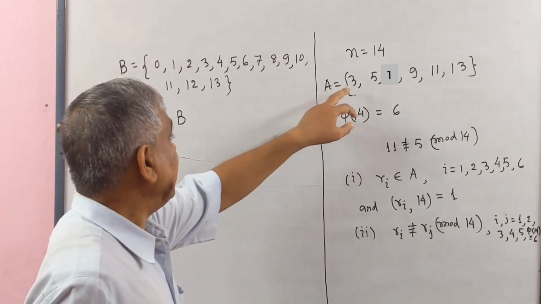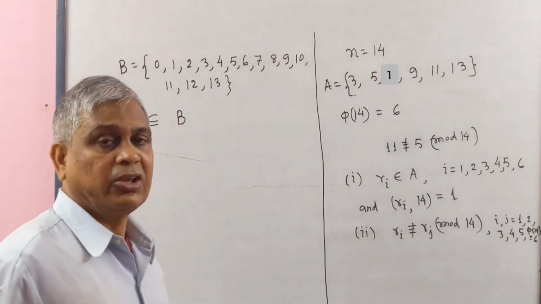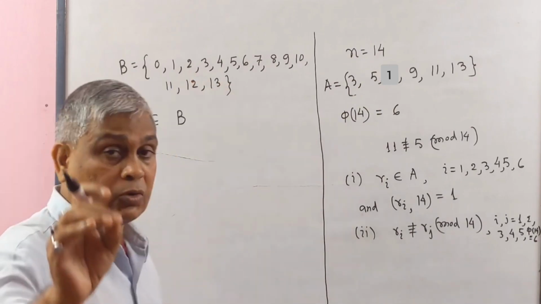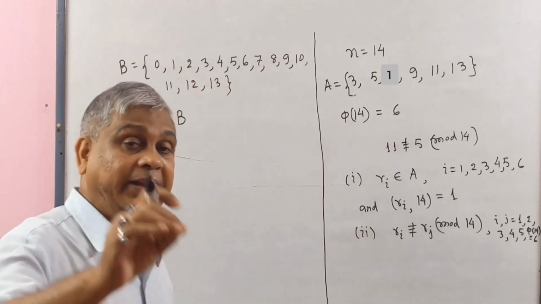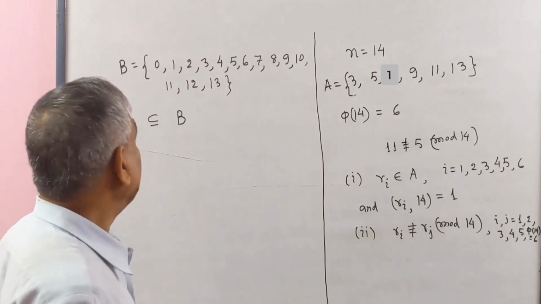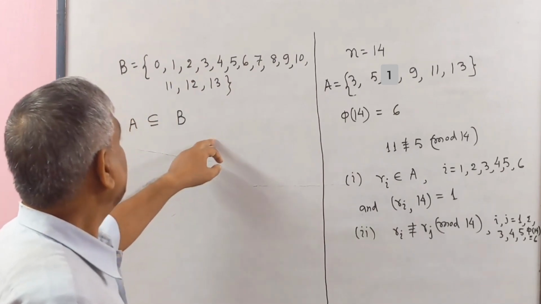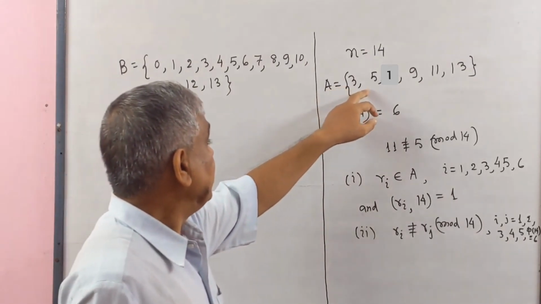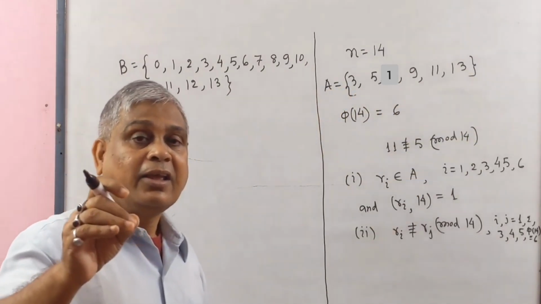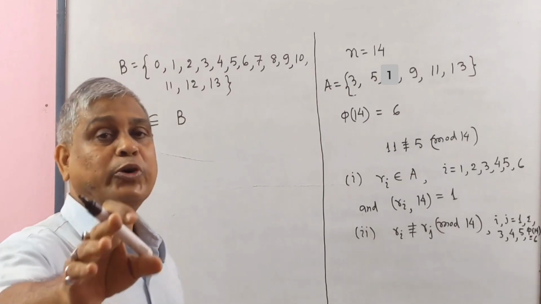Therefore, set A contains all those remainders, when any integer is divided by 14, such that these remainders are relatively prime to 14.